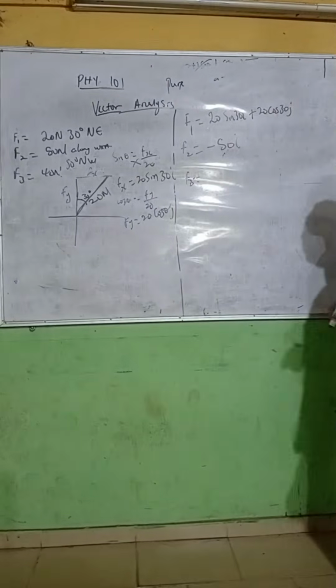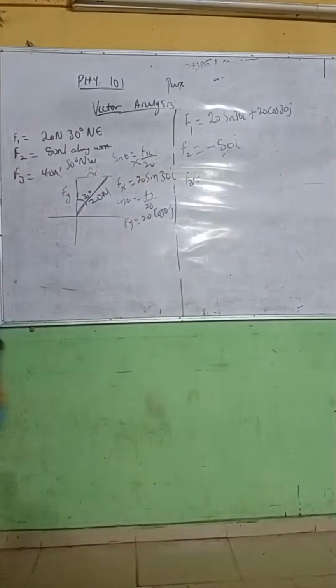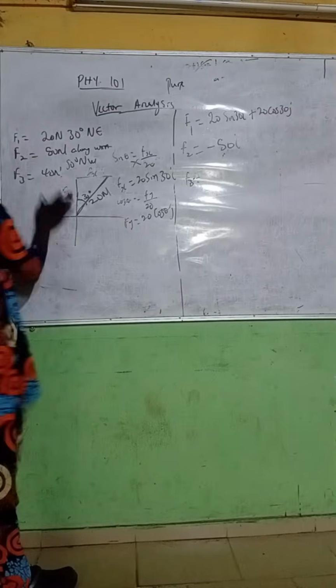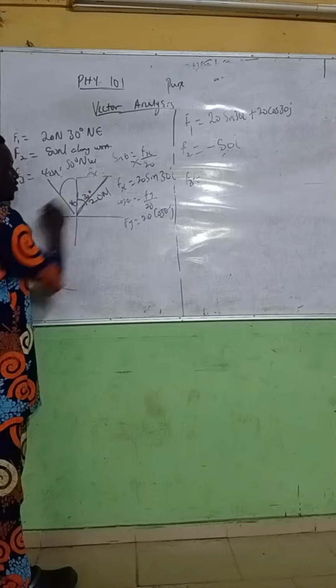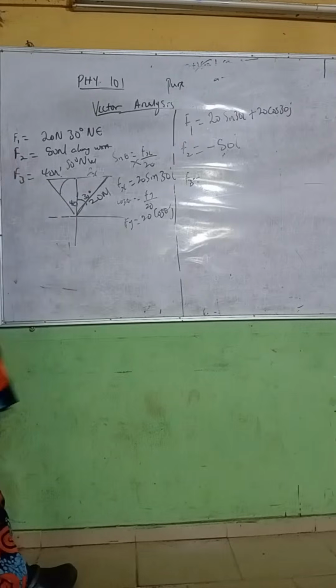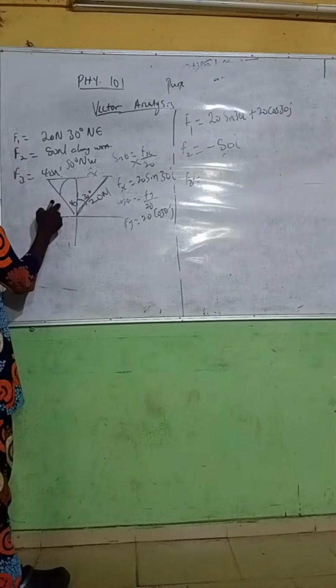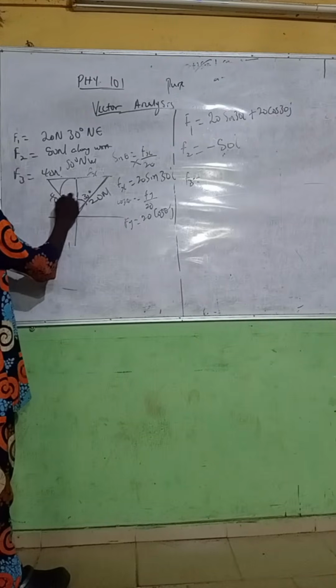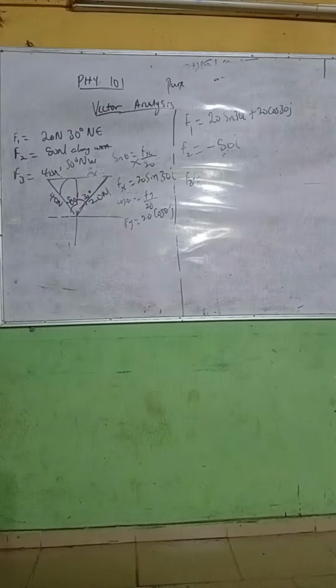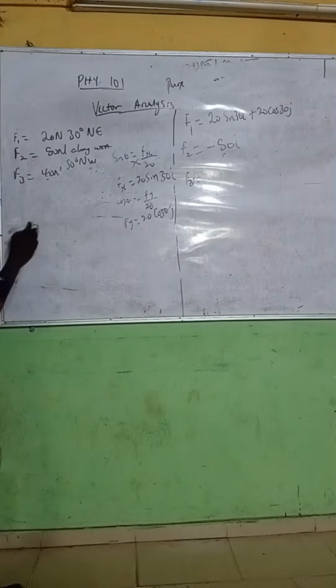What's our Fx? We are told that F3 is 40 Newton, 50 degrees northwest. Sorry, 40 Newton, 50 degrees. Let me draw it very well.